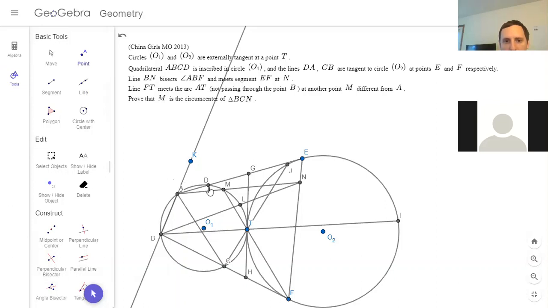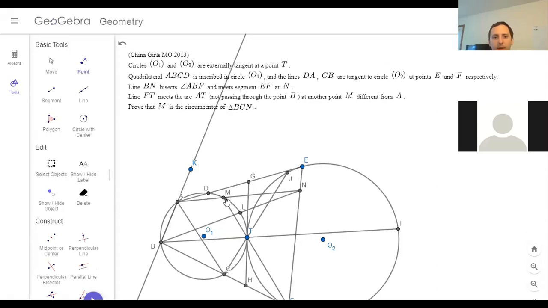So how is M defined? M is on line FT. If we can show that AM is the angle bisector of KAC, oh, but we'd also have to show A, M, and N are collinear. Yeah, we don't know that yet.